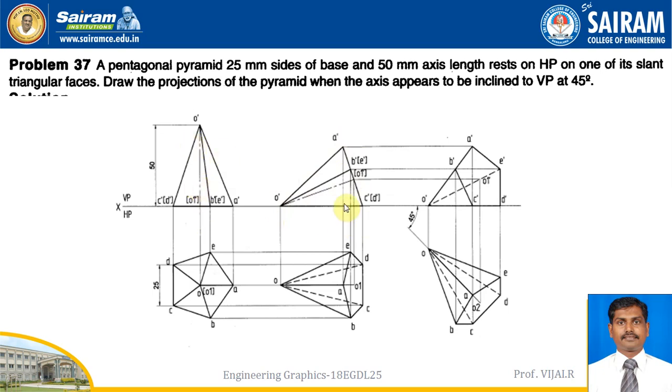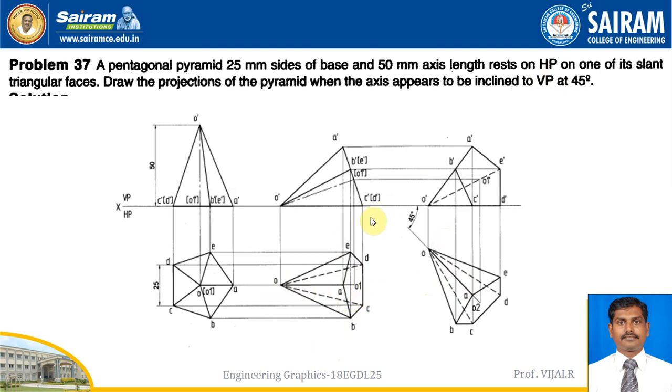It should be replicated here in the top view. As well as the inclination angle, it's not necessary to make it only on this side. As I said, this appears to be inclined to VP, so I am directly taking VP here by joining a line. The axis is going to be rotated either 45 degrees in this direction or this direction.